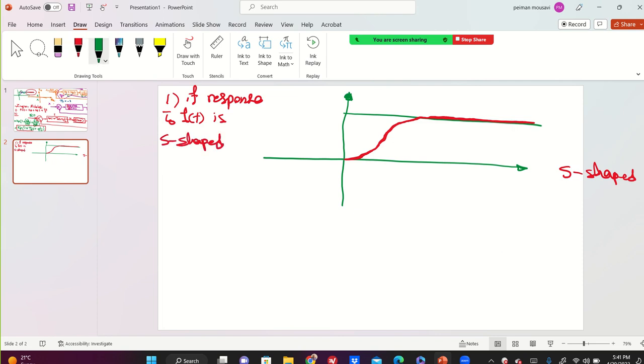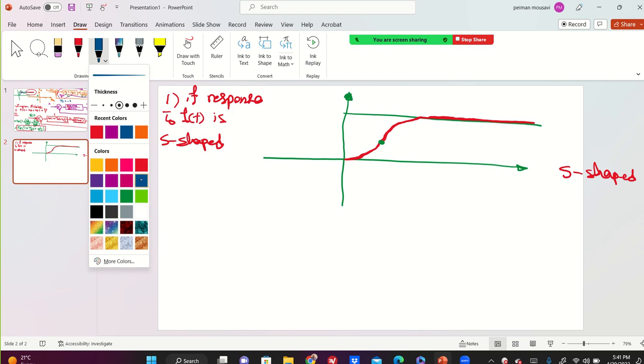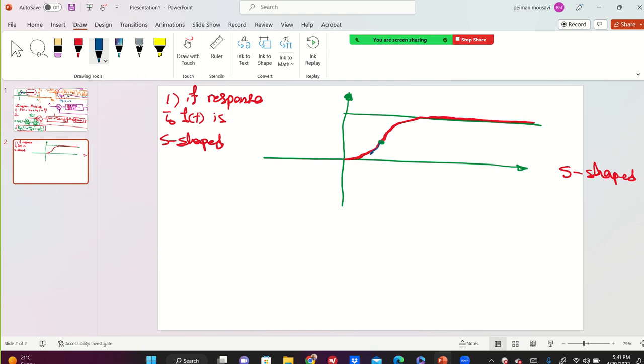Okay, guys, in the inflection point, what you're going to do is draw a tangent line in the inflection point here. Then let me cross this line.